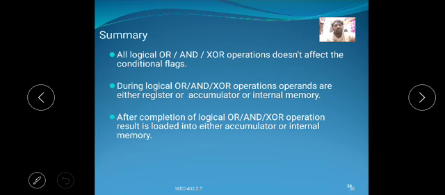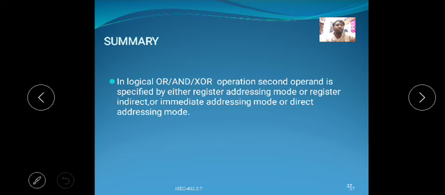After completion of logical OR and XOR operation, the result is loaded into either the accumulator or internal memory. In logical OR and XOR operations, the second operand is specified by either register addressing mode, register indirect, immediate addressing mode or direct addressing mode.